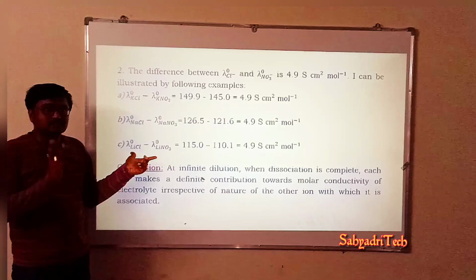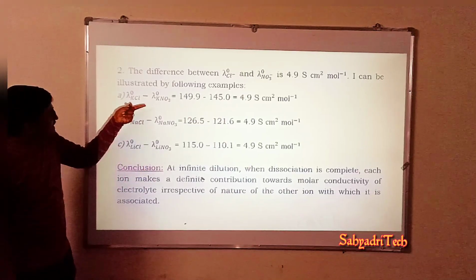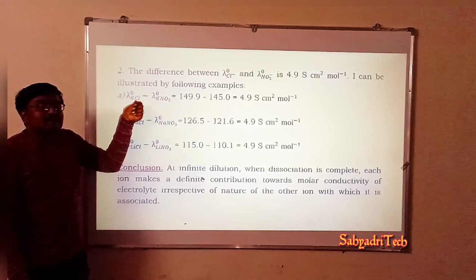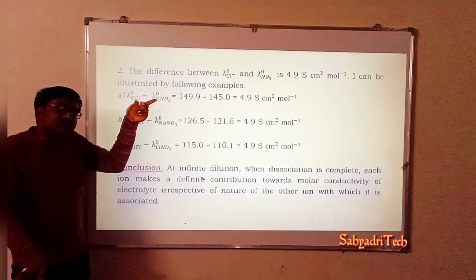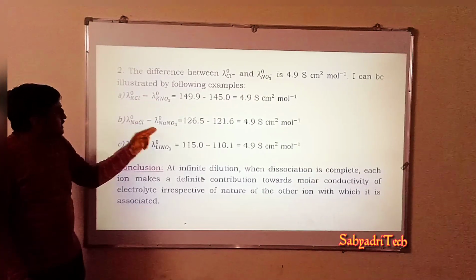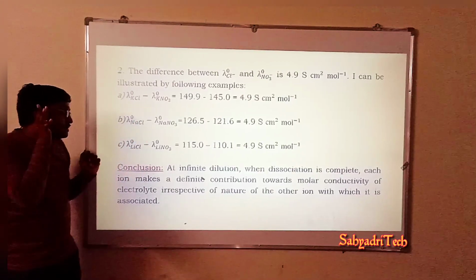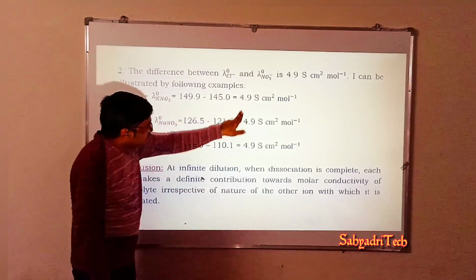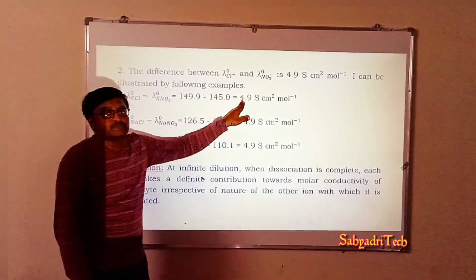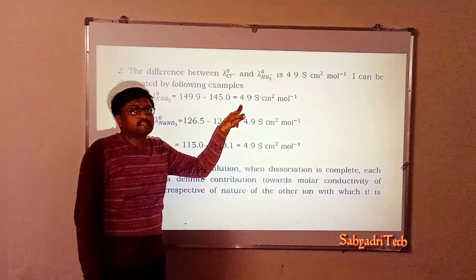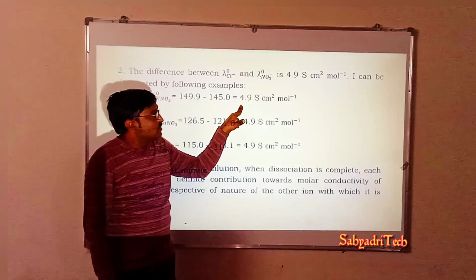Again, we considered three sets of electrolytes, having a common set of anions. Different cations but common anions. Again, the difference in all three cases is 4.9 Siemens centimeter square per mole.